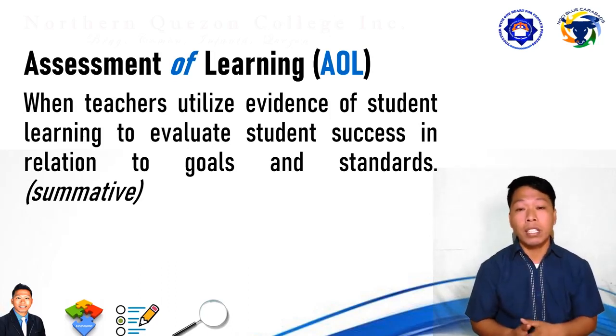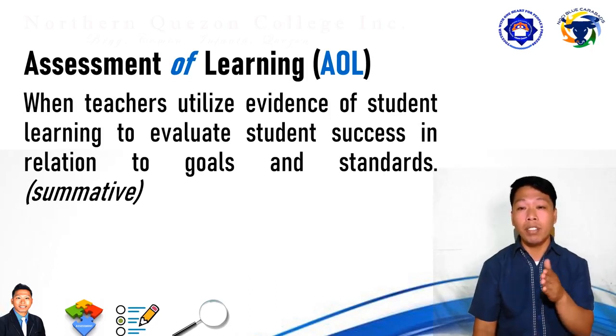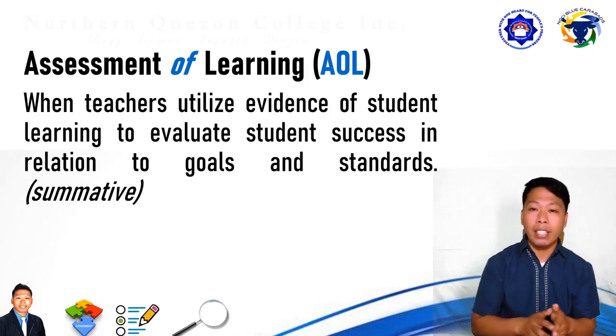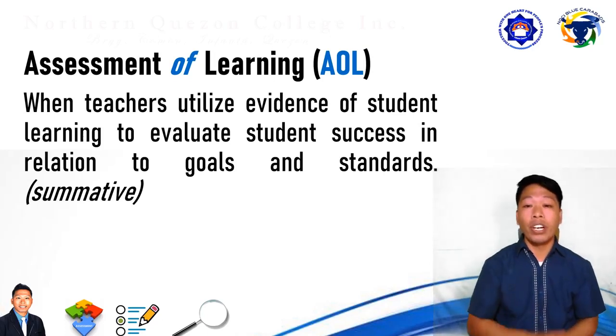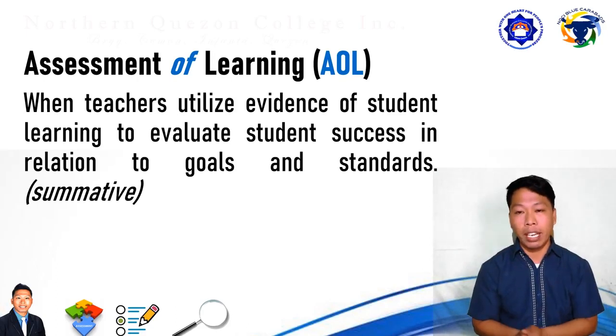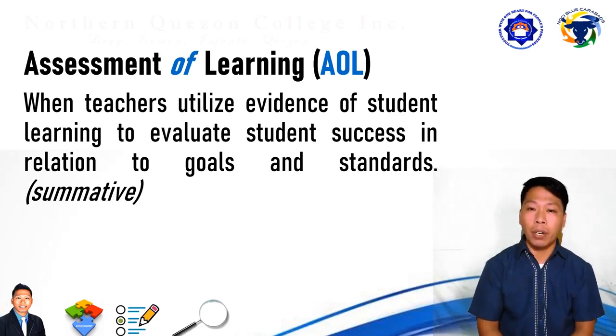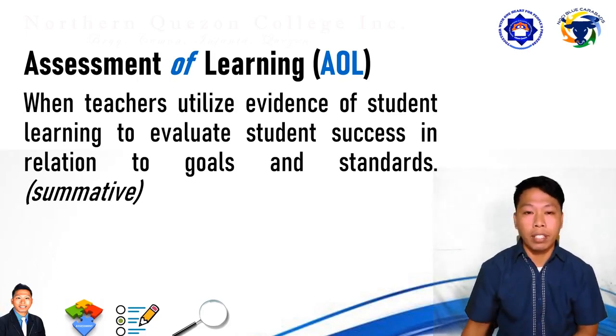So this is what we call summative test. So when we say assessment of learning, we assess the student at the end of the quarter or the course. Okay, so that's number 2 purpose of assessment.